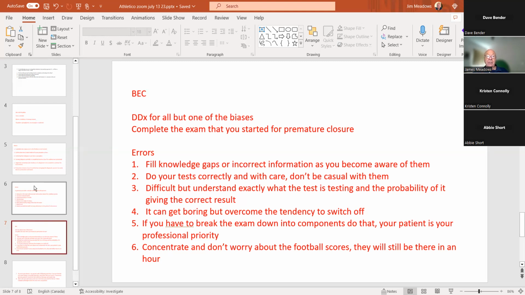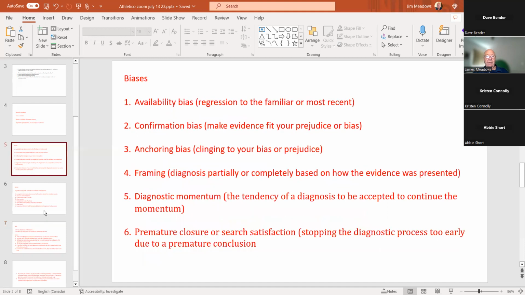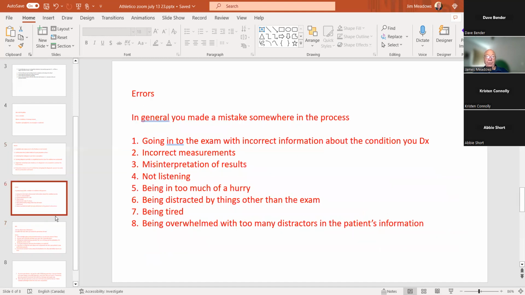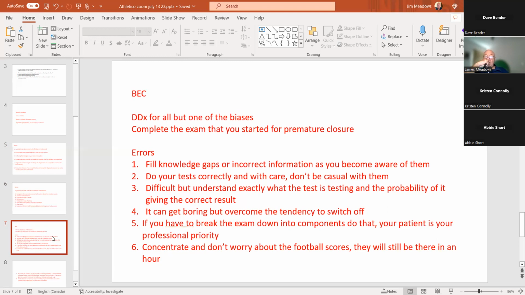As far as distraction is concerned, let me make sure I'm talking about the right one again. Number 4 is not listening. It can get boring. But there's nothing you can do about that, but overcome the tendency to switch off. You can ask to overcome this.